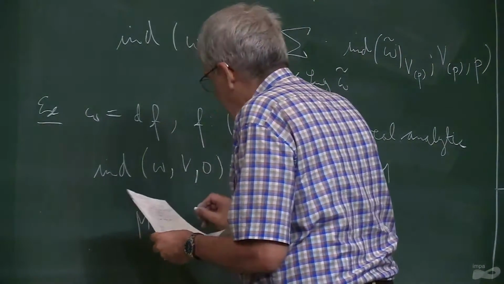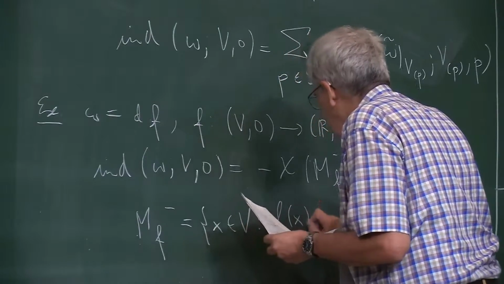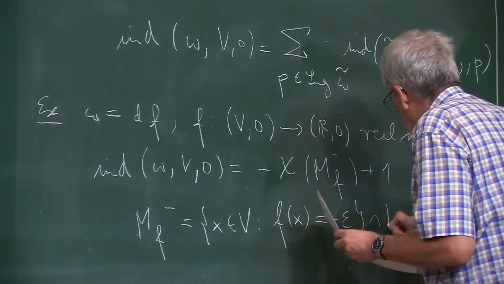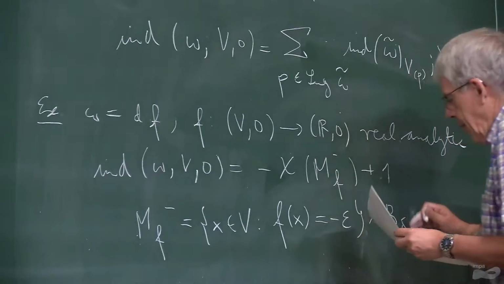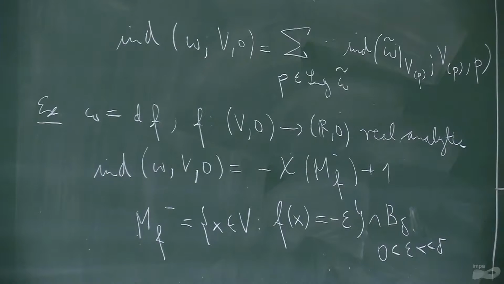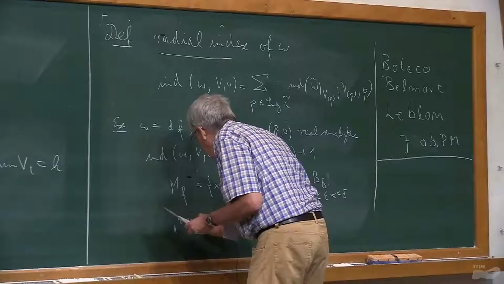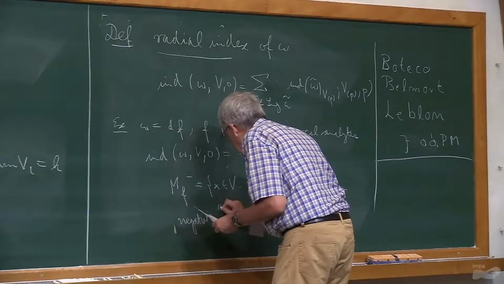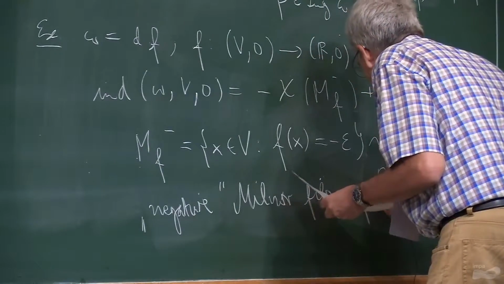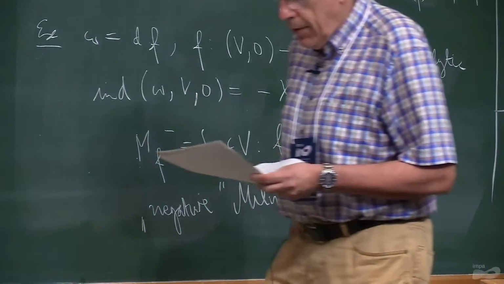MF minus is the set of all x in V such that f of x is equal to minus epsilon, intersected with the ball B delta. Delta and epsilon are very small numbers, and epsilon is especially small. This is the so-called negative Milnor fiber. And if I have time, I will come back to a generalization of this formula at the end.